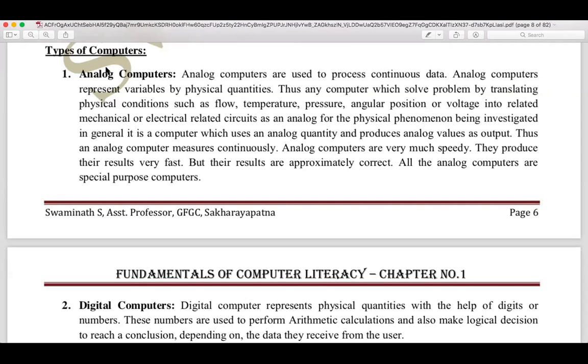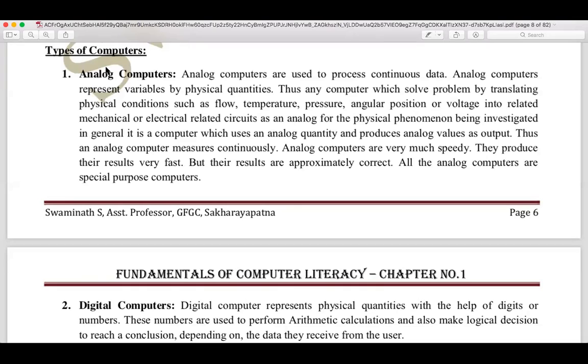The first one we're talking about right now is the analog computer. Analog computer is basically all about measuring physical quantities. The major output generated is about flow, temperature, pressure, position, voltage. These sorts of system mechanisms come under analog computers.